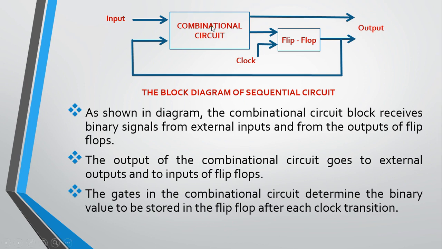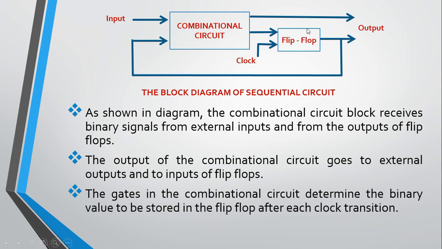With the help of combinational circuit, you are able to draw a sequential circuit. But what is the difference? When you combine the combinational circuit with flip-flop, it becomes a sequential circuit. Now see, what is the use of flip-flop? It is used to store binary information.